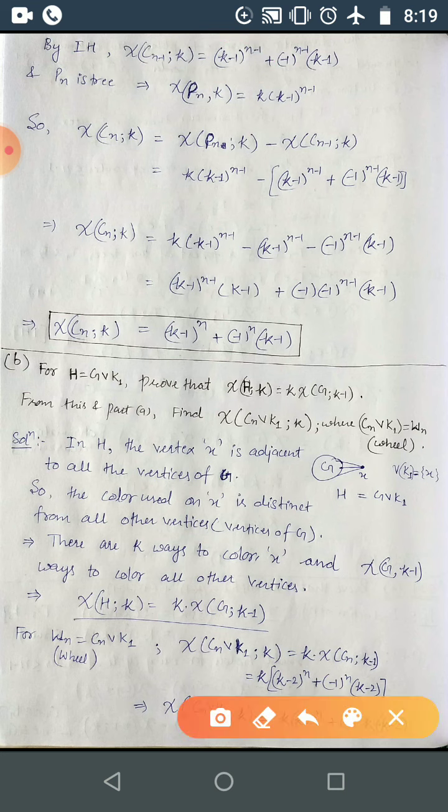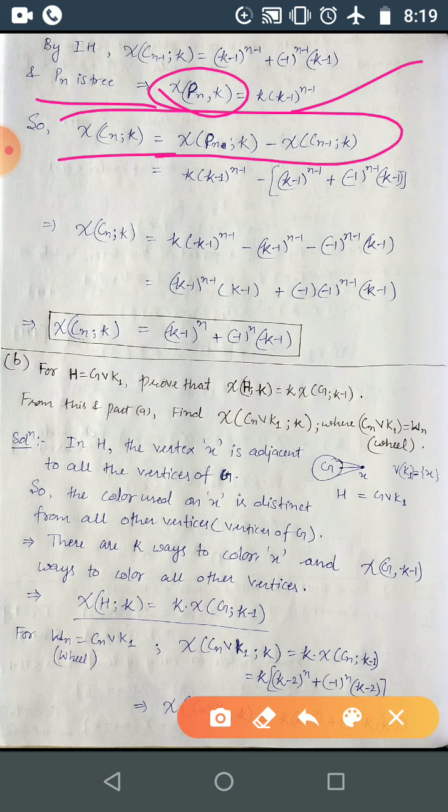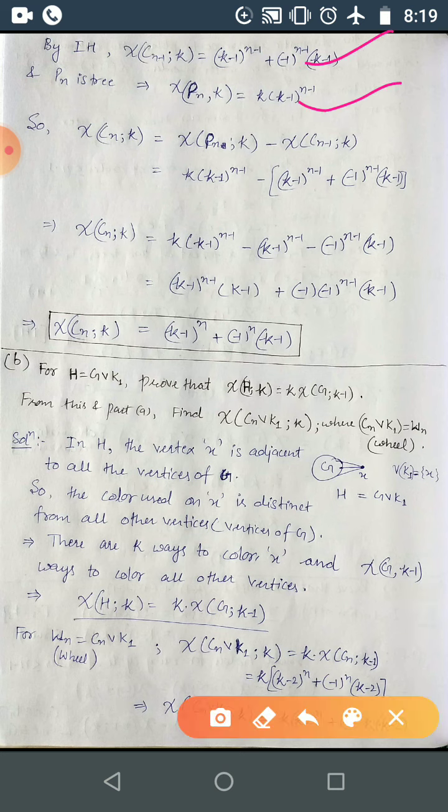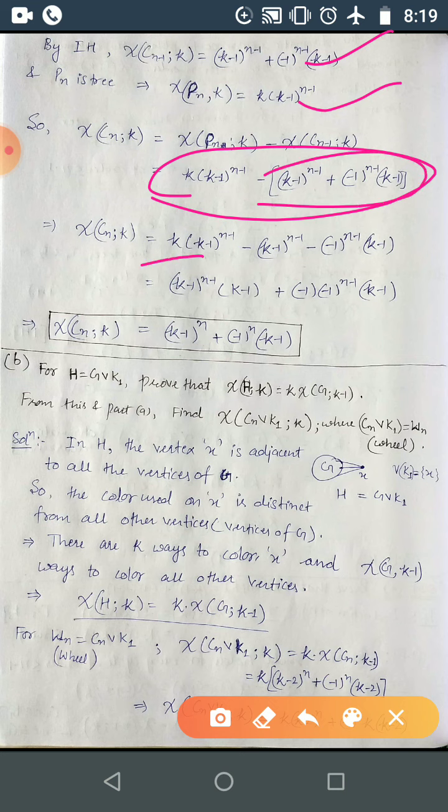And also we know that Pn is a tree, so the chromatic polynomial for Pn will be k into (k minus 1) raised to power n minus 1. So by chromatic recurrence we got this one. Just put these values, this one and this one, and you get this expression. From here you can solve this one. I got this one. Correct? (k minus 1), just take a minus inside, you are getting this one.